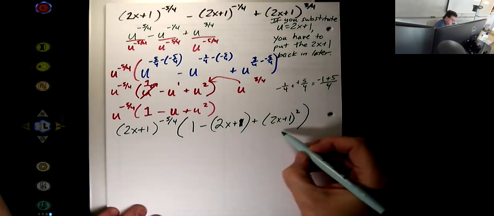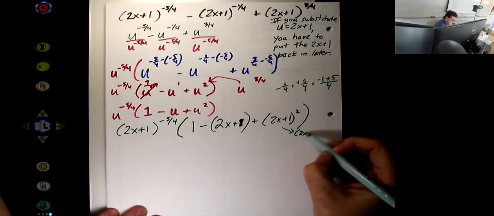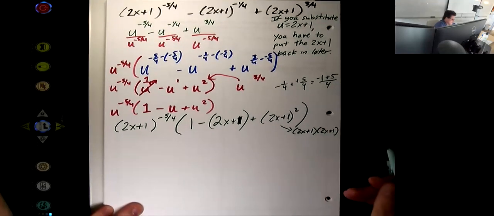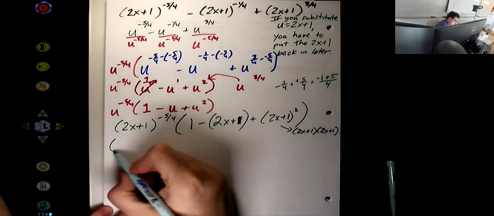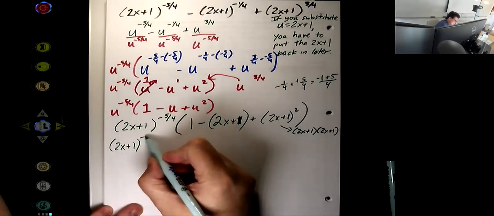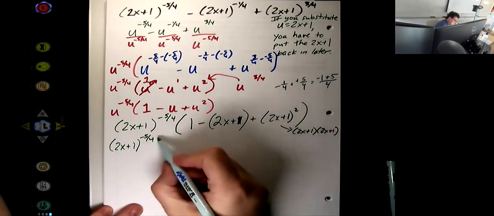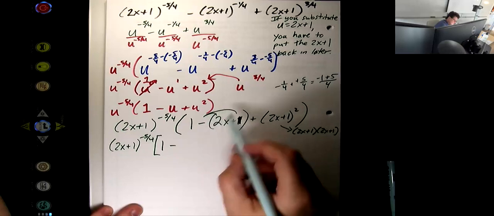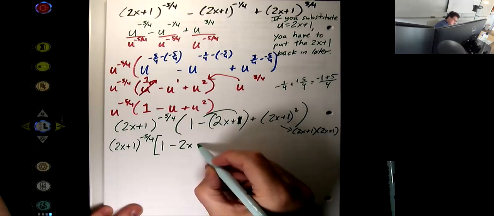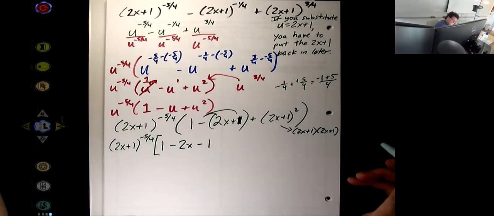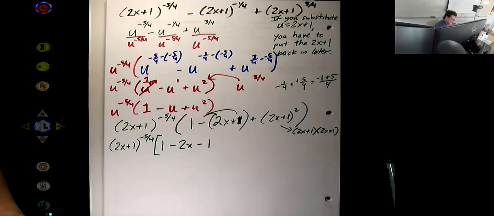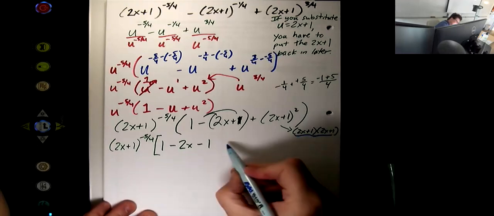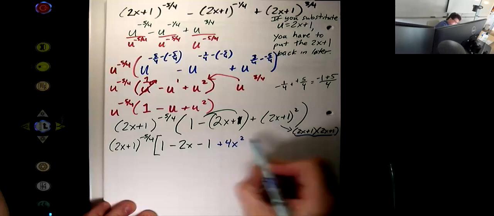So remember, this is 2x plus 1 times 2x plus 1. We have to multiply it out. You can't just square the 2x and square the 1. Still have that 2x plus 1 to the negative 5/4 out front. I'm going to distribute the negative to each of these, so minus 2x minus 1. And then we can multiply this out. 2x times 2x is 4x squared.